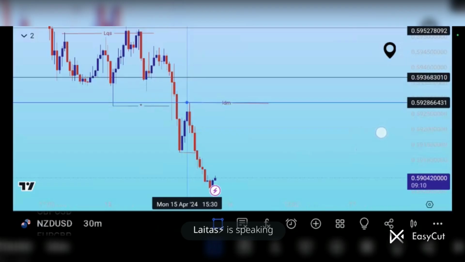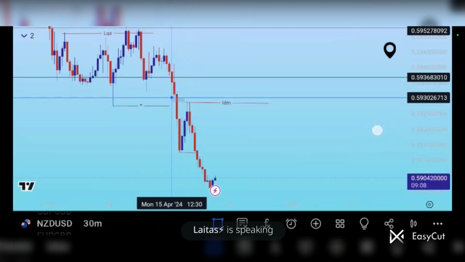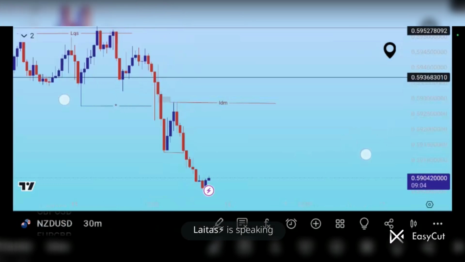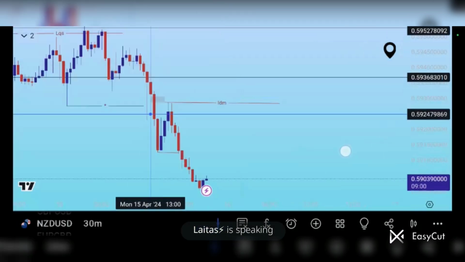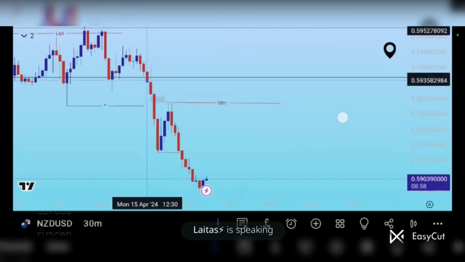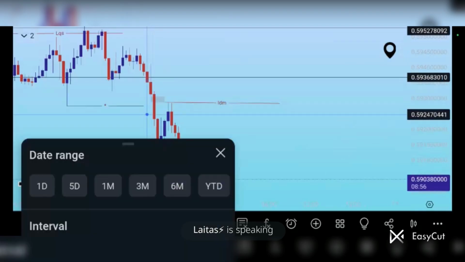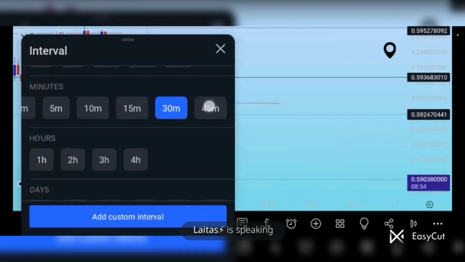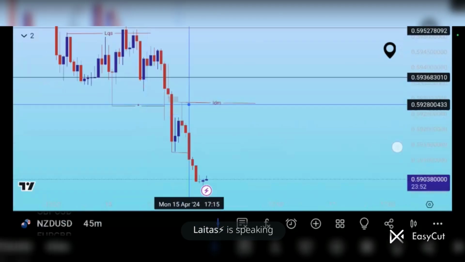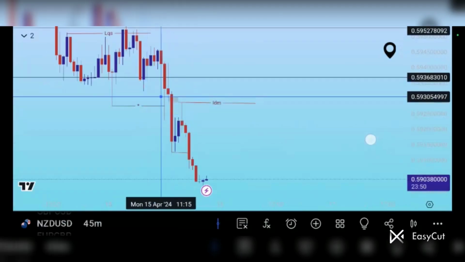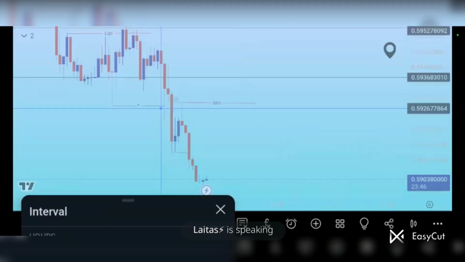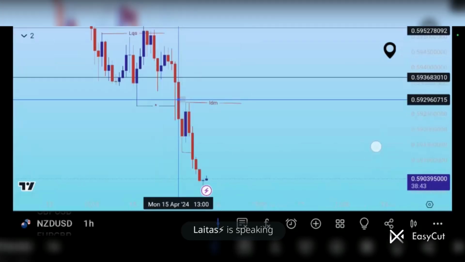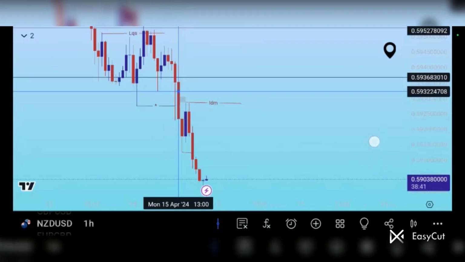Let's count it from here. You can't say this is imbalance, because of this candle, this week here. This week has covered everything. If you go to a higher time frame, you will see that there is no imbalance there. Do you see? So there's no imbalance.